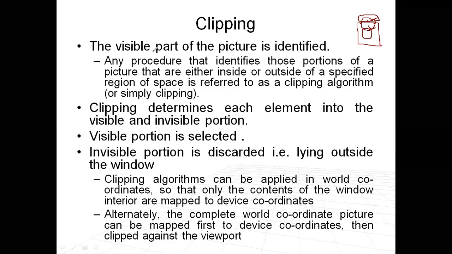In clipping, the visible part of the picture is identified. Once again, I draw a window or a viewport related to which an image is generated. This is the visible part within this viewport.